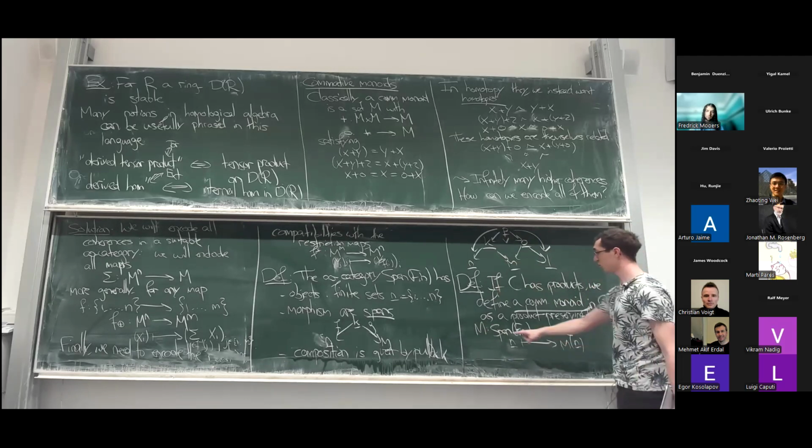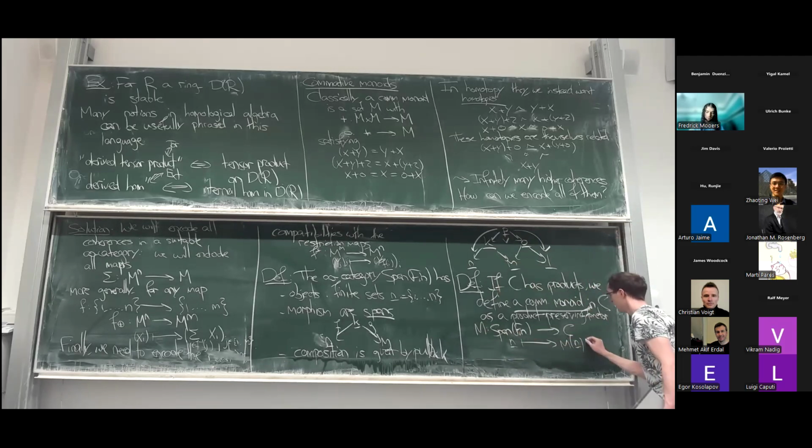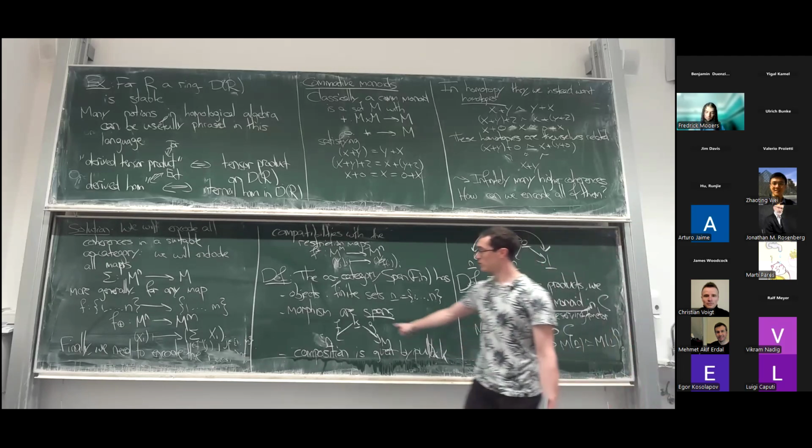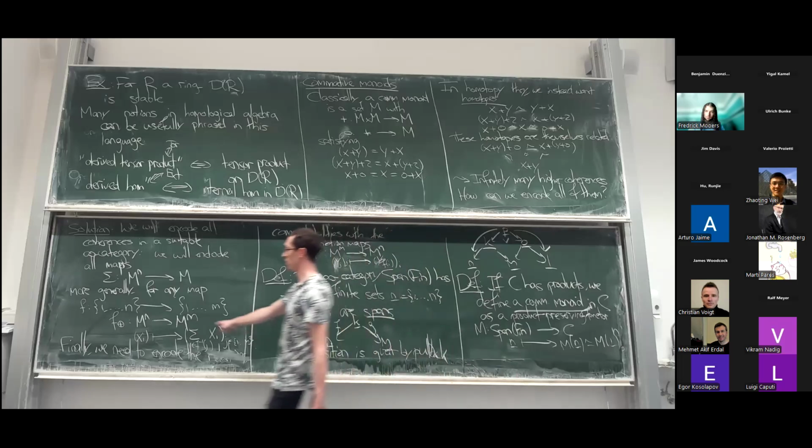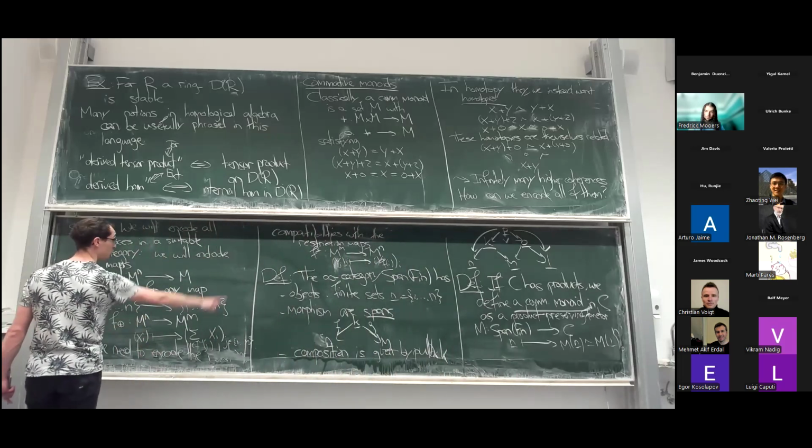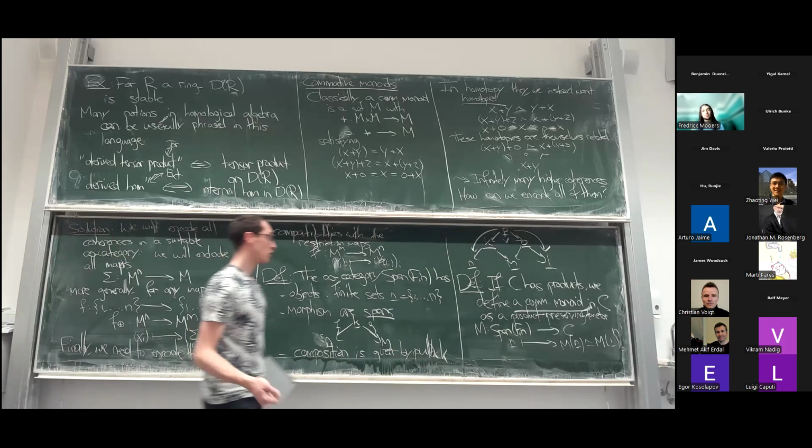And the fact that it preserves products precisely tells us that this is the n-fold product of the underlying object. And then all these maps in our category, they will encode all these addition maps, all the restriction maps, and all the possible compatibilities between them.